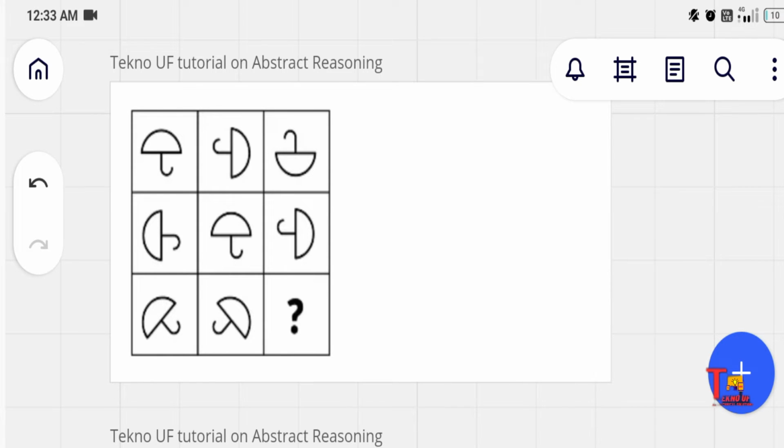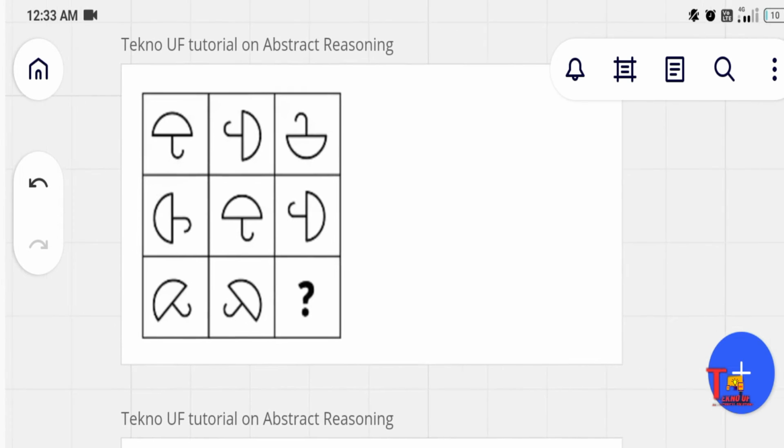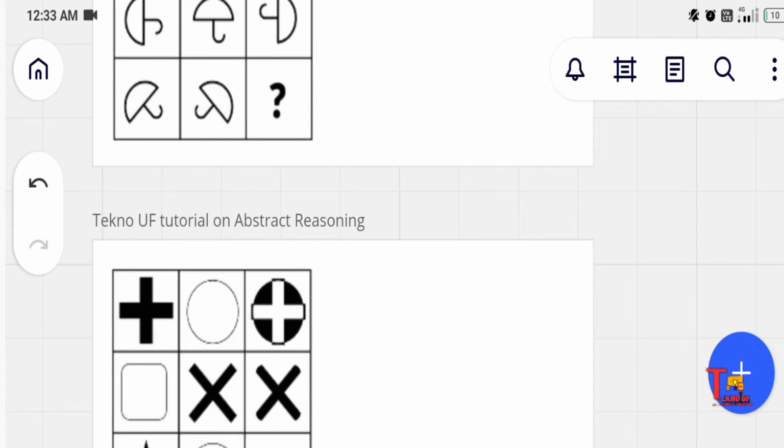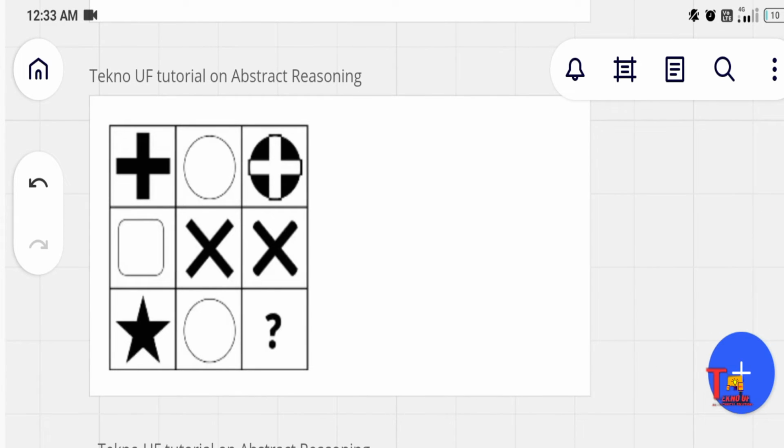Just look at that and solve the problem, right? Okay, this is quite different, so I'll solve the problem. If you can solve it, please write in your exercise book and solve first. I'm solving the problem.